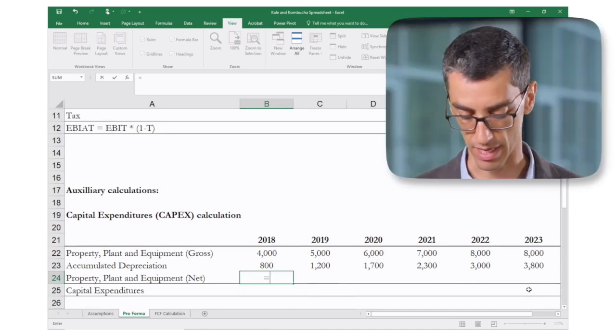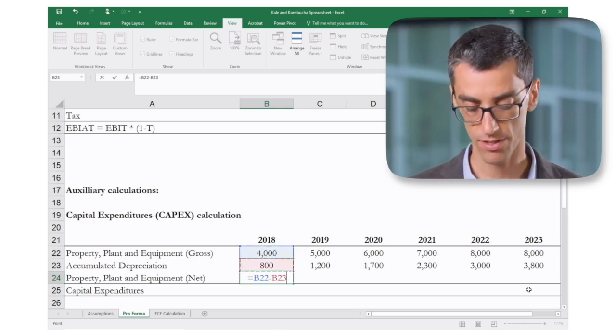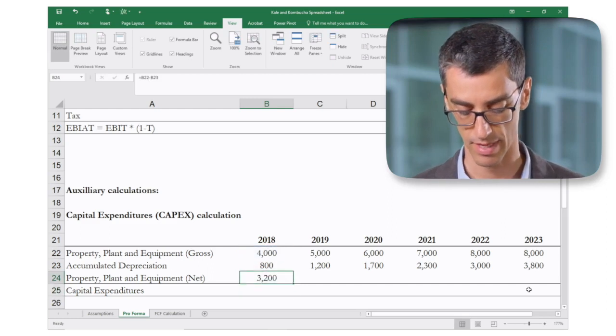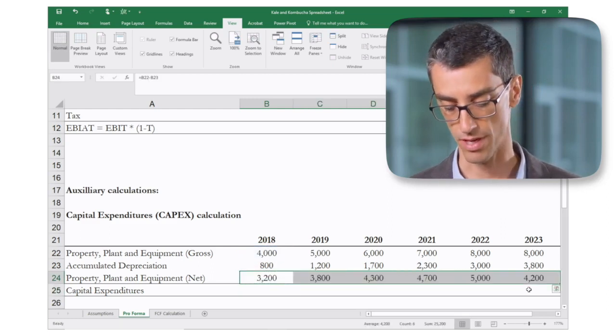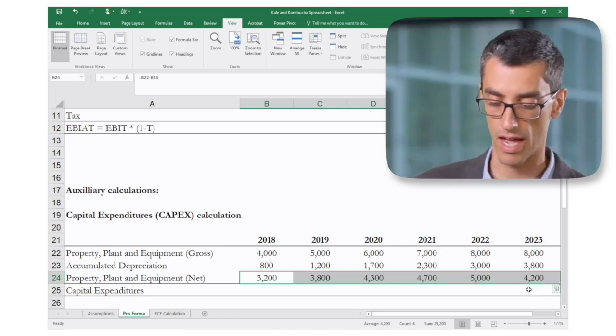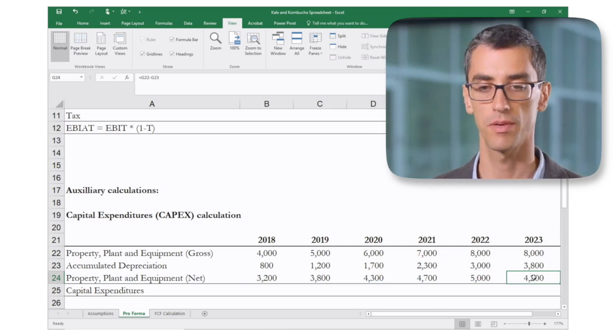The net amount is the gross property, plant, and equipment minus the amount that I've accumulated in depreciation. That is going to be true every year. And so, as you see, I have a net amount of property, plant, and equipment of $4.2 million.